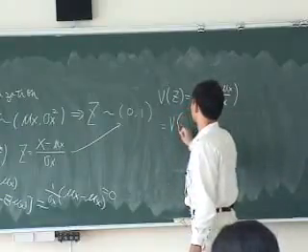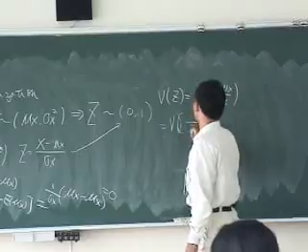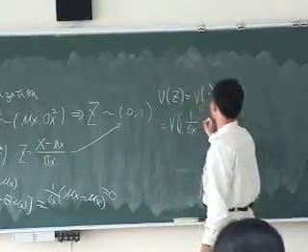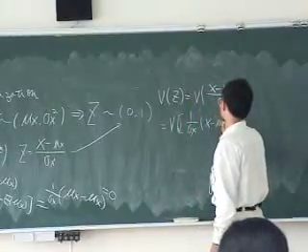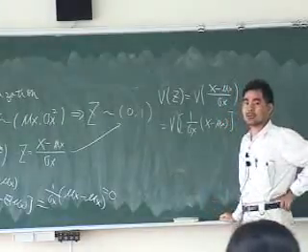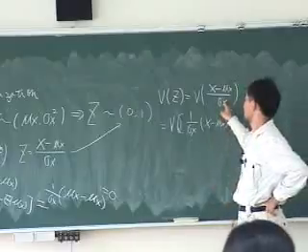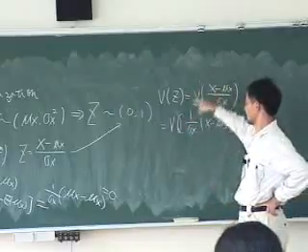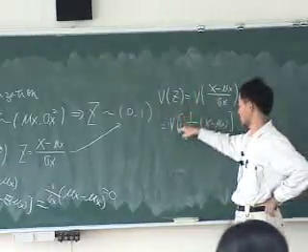So you have V of 1 over sigma x times (X minus mu x). Any questions? I just moved this out, but I still keep the variance operation here.